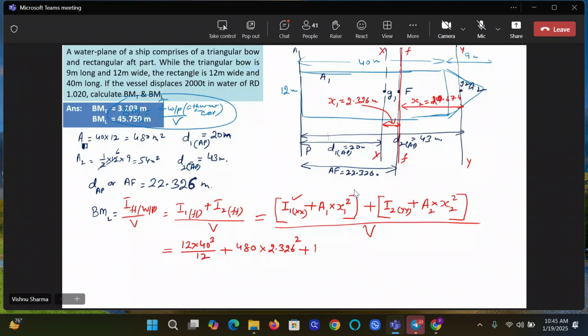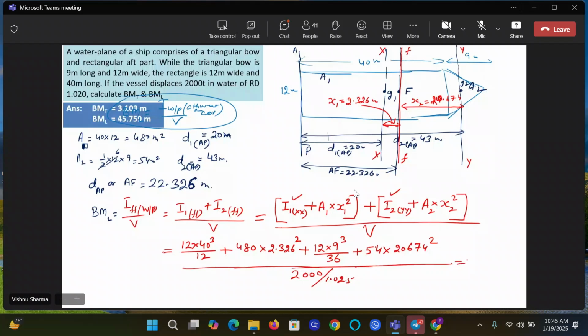Base will be 12, depth will be 9, so 12 into 9 cubed upon 36 will be this term. Area 2 is 54 into X2, which is marked in the diagram, 20.674 squared. That completes my numerator.